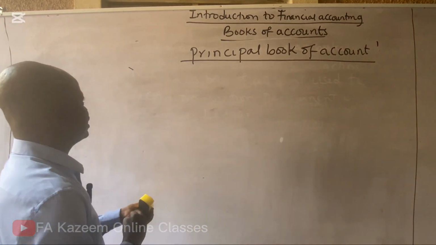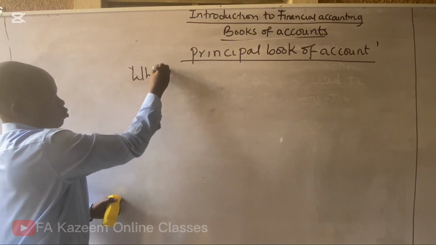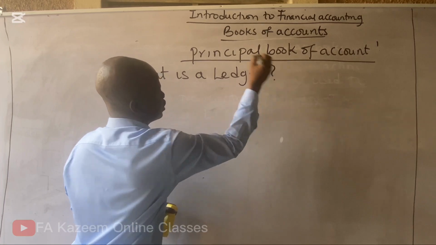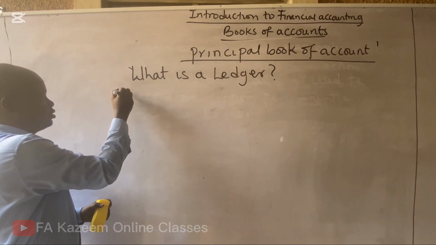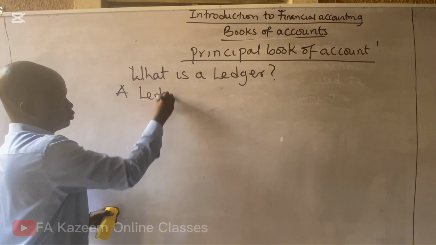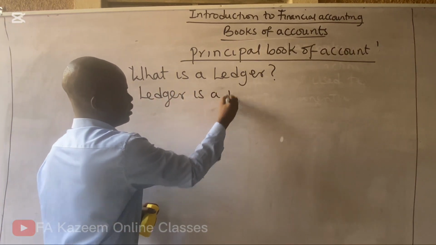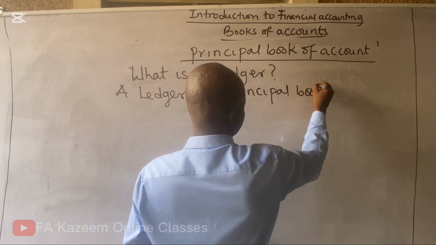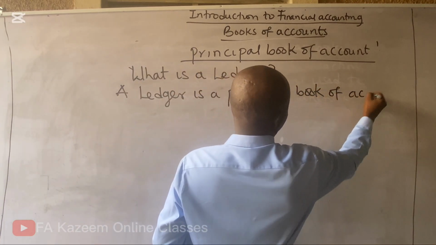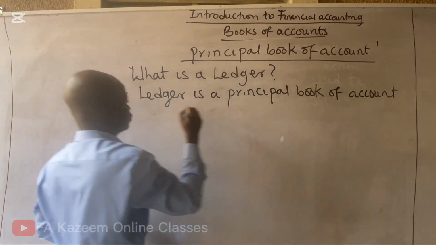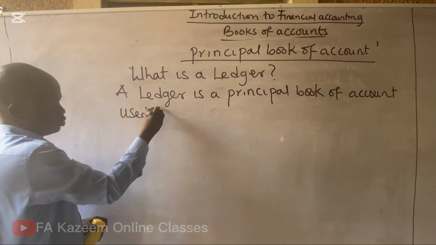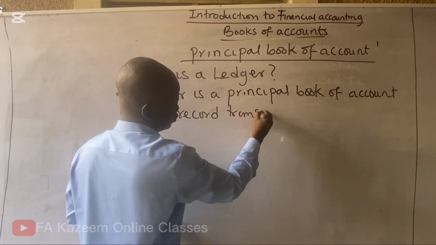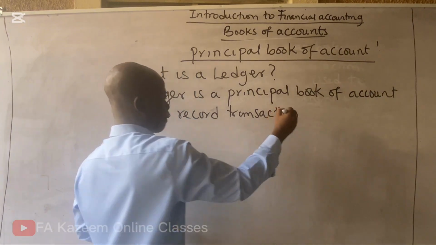And what's that question? What is a ledger? A ledger is a principal book of accounts used to record transactions permanently.